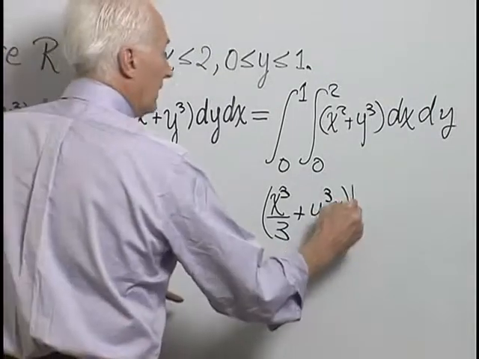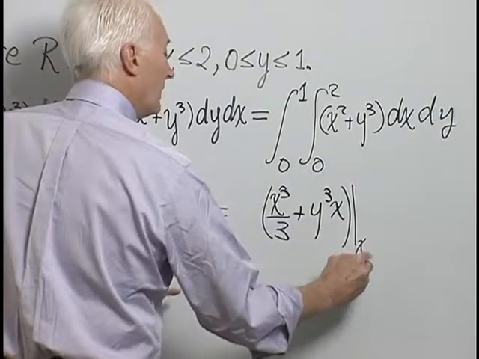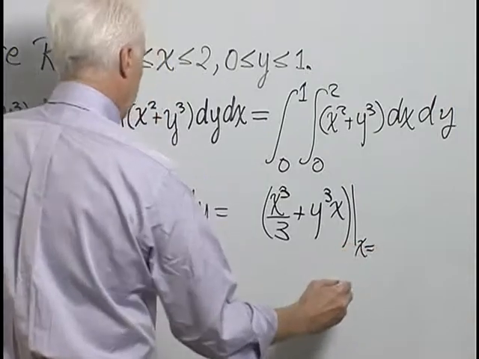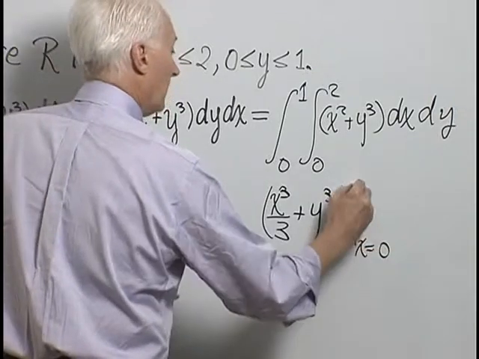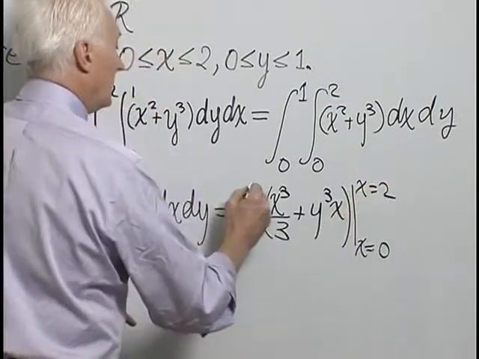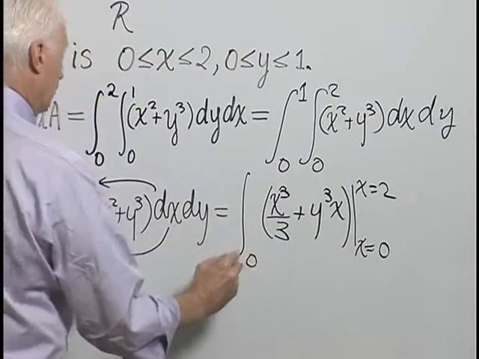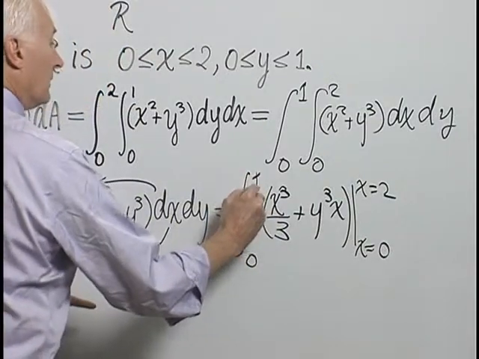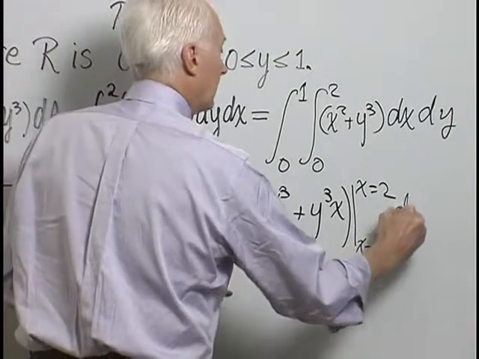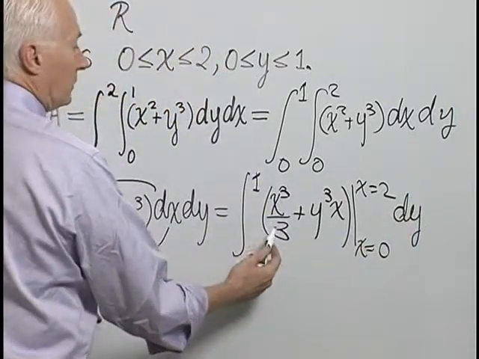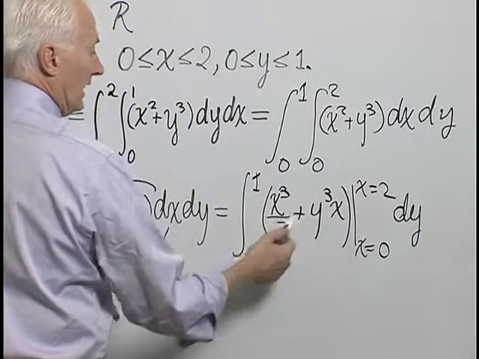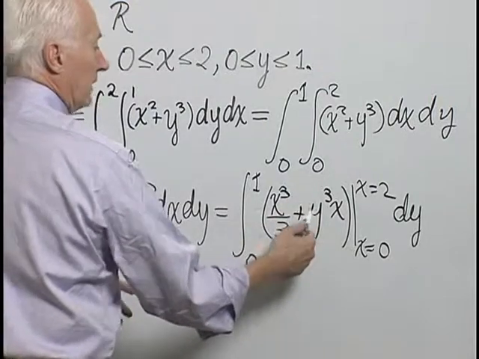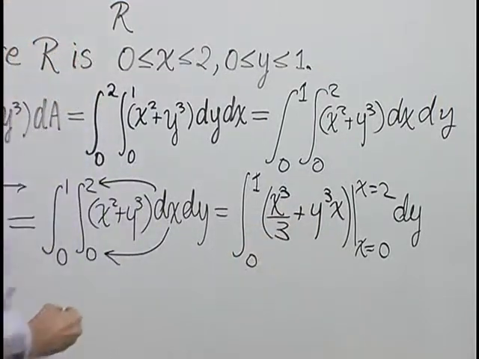And so the evaluation here of this antiderivative with respect to x goes from x equals 0 to x equals 2. And now this result is being integrated from 0 to 1 against y, because notice once I've put in these values for x, the result will be a function of y alone.